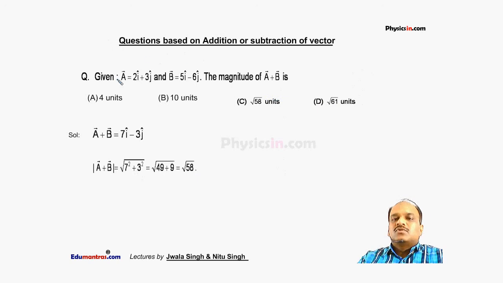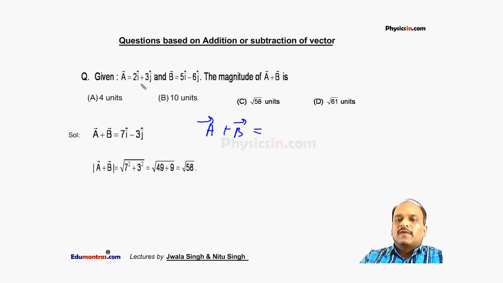Now, how to add two vectors? It is given that vector A is equal to 2i cap plus 3j cap, and vector B is equal to 5i cap minus 6j cap. Then we have to find the magnitude of vector A plus B. As we know, vector A plus vector B is equal to, I will add i cap with i cap, so it is 7i cap minus 3j cap.